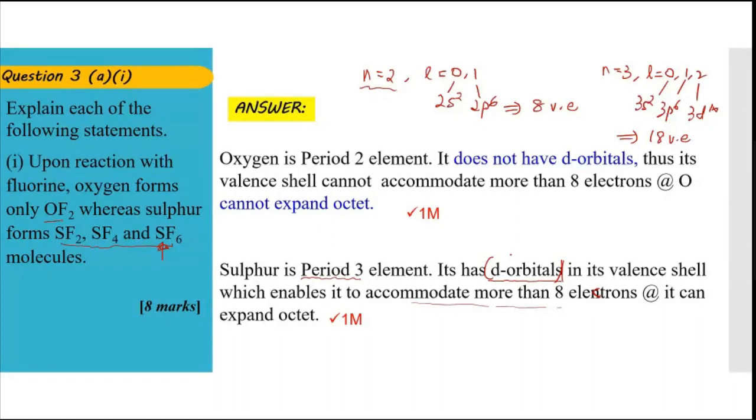You just have to refresh your knowledge on this. So 2 marks only, one about oxygen, one about sulfur. To highlight the d orbitals: period 2 has s and p orbitals only, so in bonding we can only accommodate up to 8 valence electrons maximum.